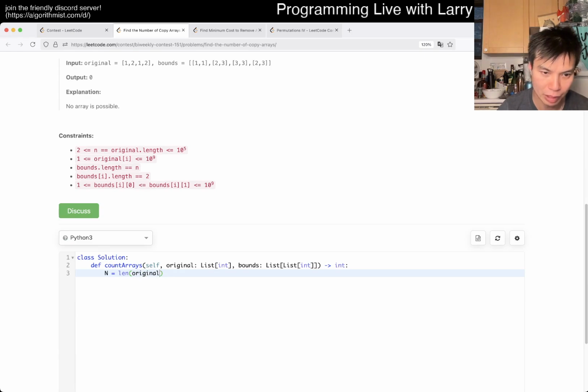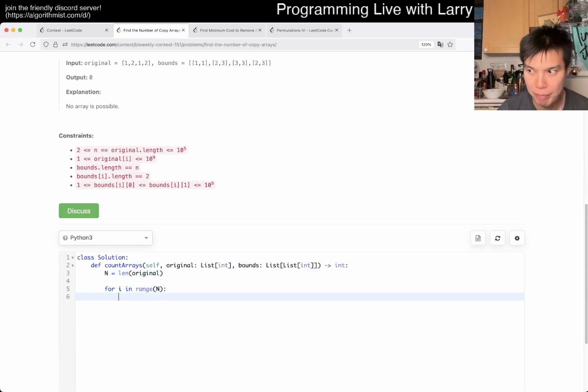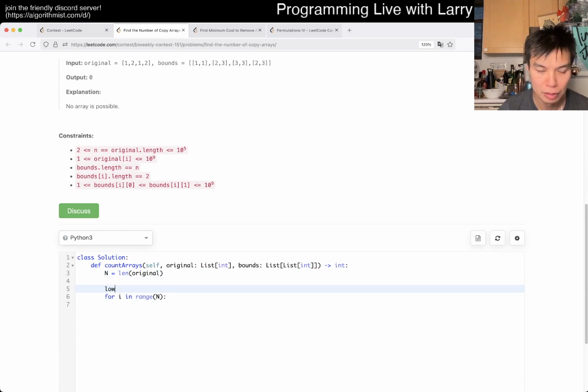I don't know, I try to figure it out in my head before writing it, but maybe it's just fine, right? And then low is equal to bounds 0. Right, so we start at 1, right? Delta is equal to 0.